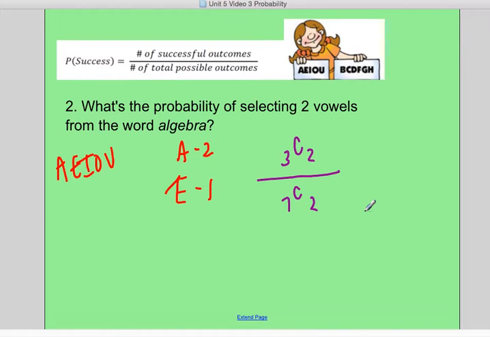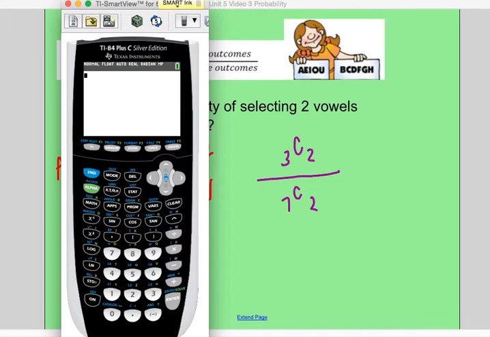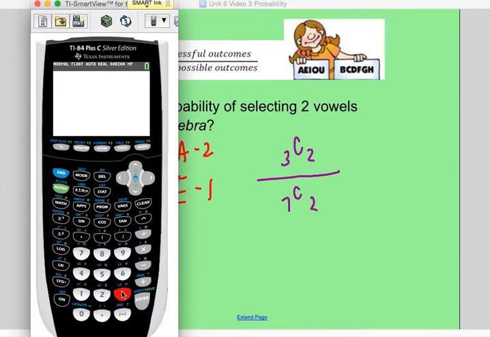On our calculators, just a reminder on how to do that, we would go 3, math, over to probability, and we're doing a combination, which is down to 3, C 2. So we have 3 over, now we're going to do 7, math, combination, C 2.